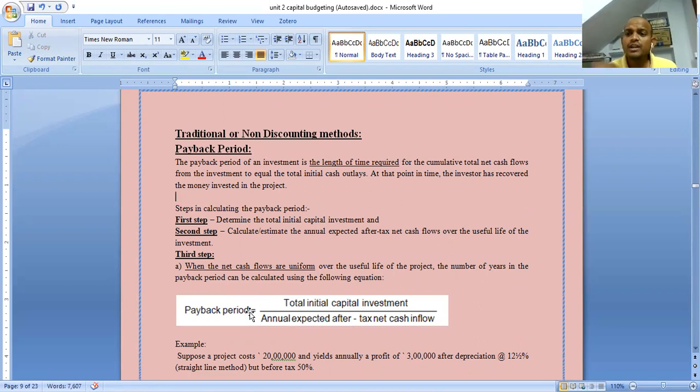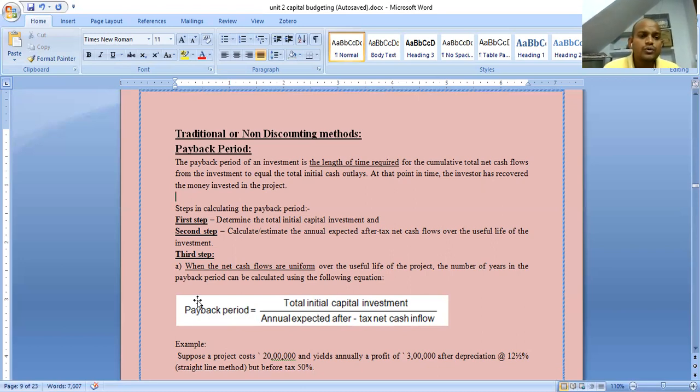Whatever we are investing, the time required to get it back in the form of returns.